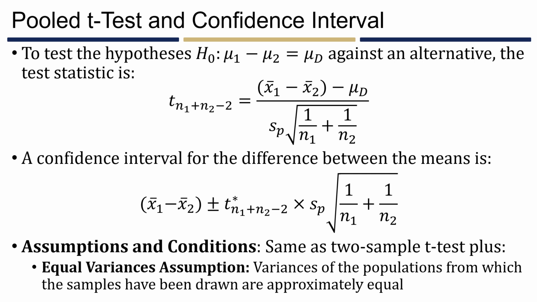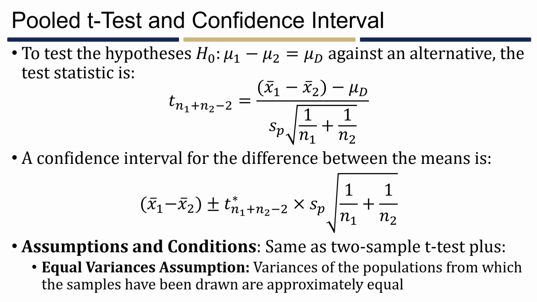The confidence interval, you should notice that there's a similar type of change. The interval is still centered at x1 bar minus x2 bar. We're still adding and subtracting the margin of error, but now the critical value in the calculation of the margin of error is again going to be a t-statistic with n1 plus n2 minus 2 degrees of freedom. Degrees of freedom are much easier to calculate here than in the original test.